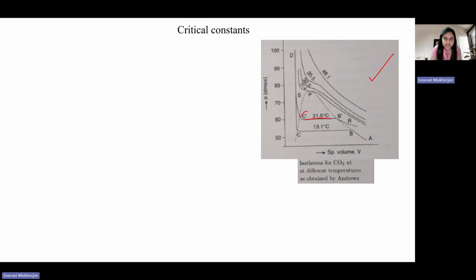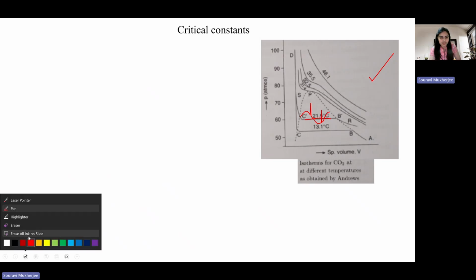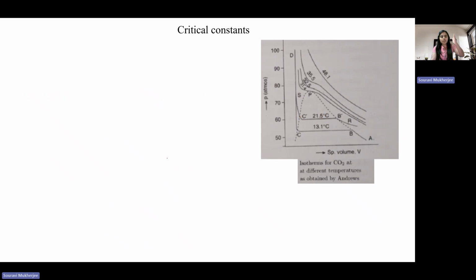Rather, you would expect some crest and trough kind of thing, so that there are some maxima and minima coming up, and that is because for each value of P you have certain roots for V. So that already tells you that theoretically this is not what you would expect, right?